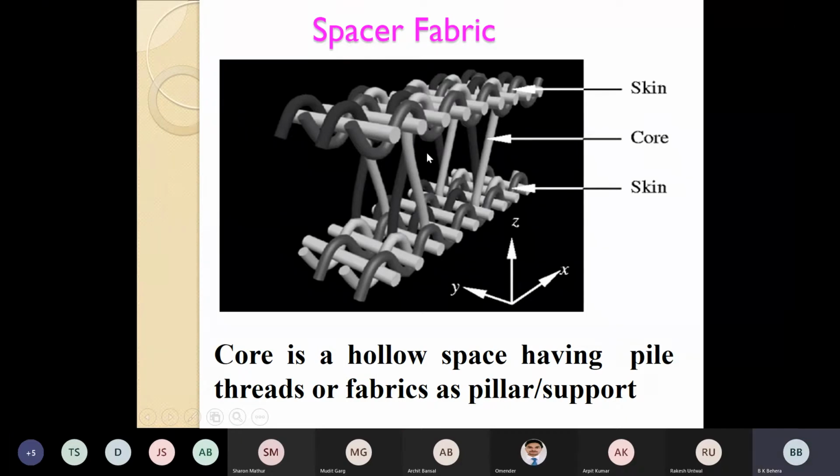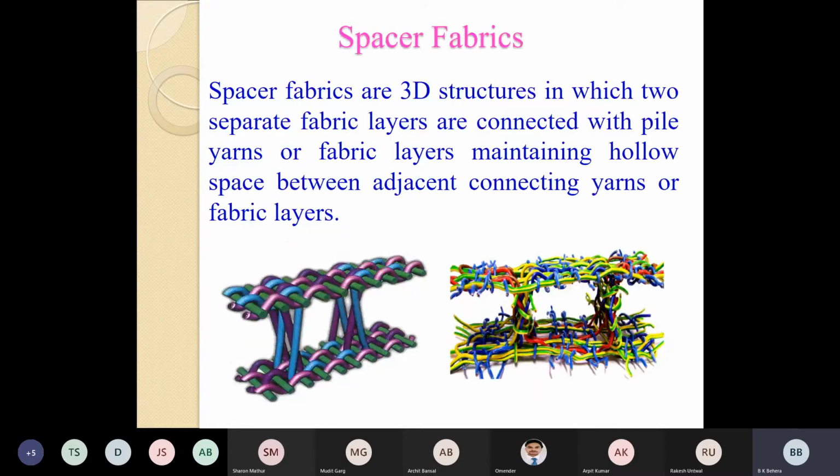But the role of these piles is to act as a pillar or support, maintaining the distance between the two skins. That means we have the option during producing this fabric to change the distance between these two skins so that we can increase or decrease the hollow space. And there are other options also. We'll discuss a little later.